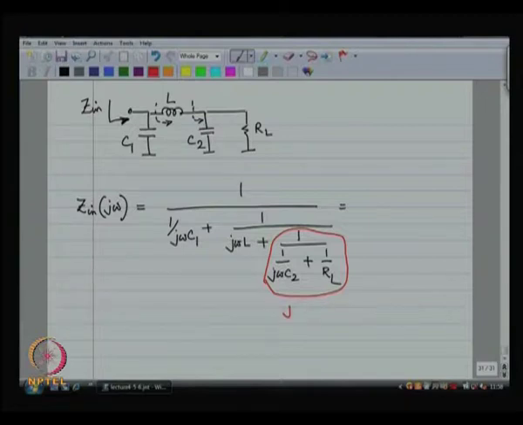This is, yes, and actually it is never written in this fashion.